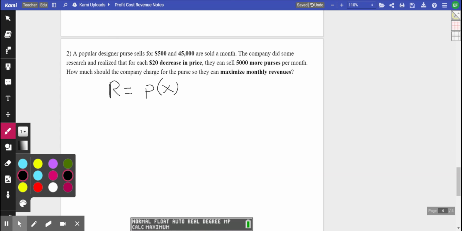We know that we could sell 45,000 purses, and we can increase our number of sales by 5,000 for every $20 decrease. So I'm going to have X here, where X represents my number of $20 decreases.